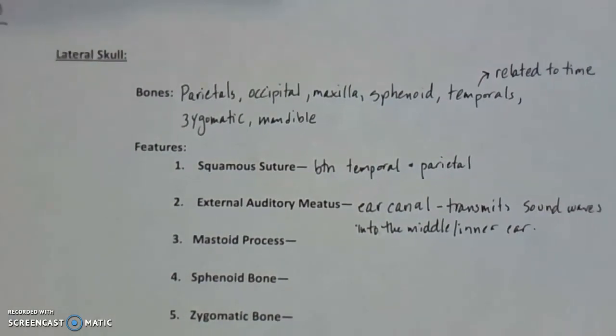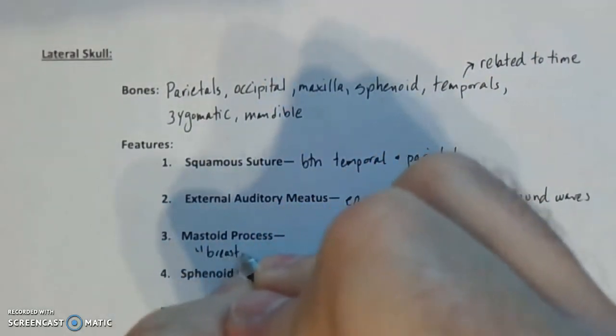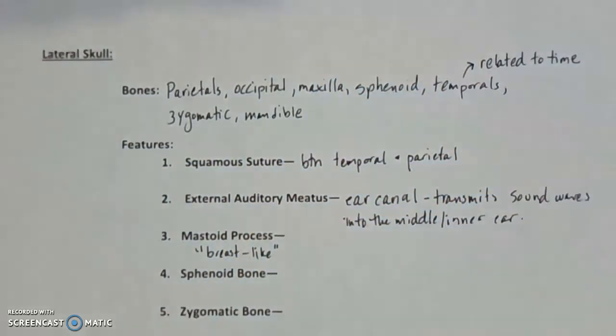Now, mastoid, that is the bump. If you feel right behind your ear and move down towards the earlobe, you'll feel a rounded process right there. And that is an air-filled cavity. The reason it's called mastoid is that oid means like, and mast refers to breast, so this means breast-like. Somebody felt that and said, well, that's a bump and it's shaped like a breast, so that's what we're going to call it.